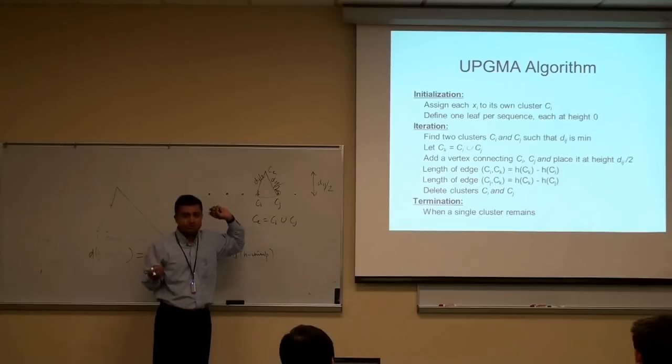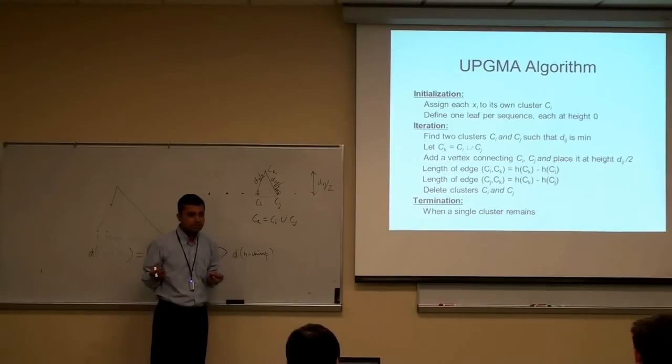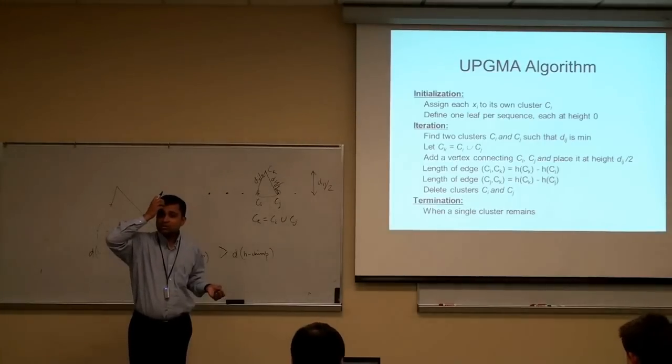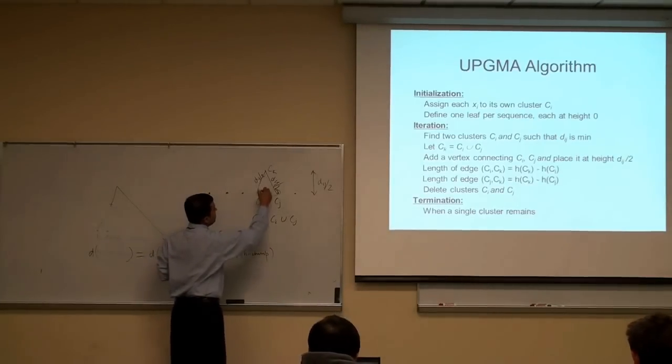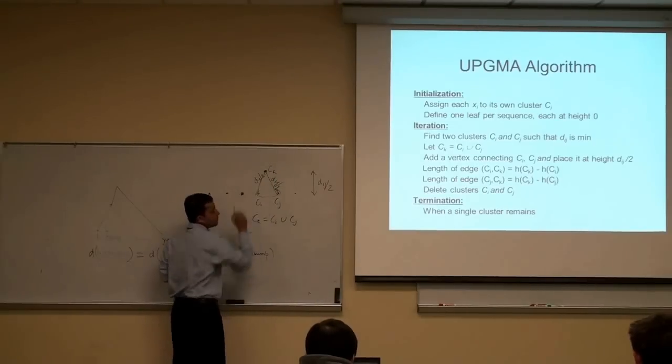Pairwise distances will be computed as per the definition, the average pairwise distance, right? And so you'll have a new distance matrix. You'll find the closest pair of clusters, and let's say that ends up being this and this. Okay?